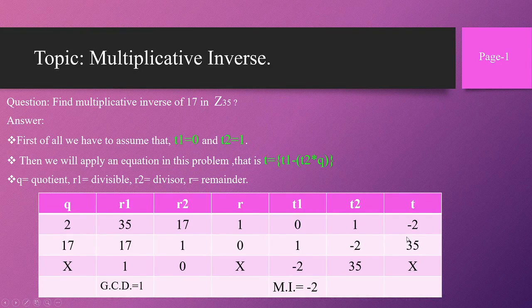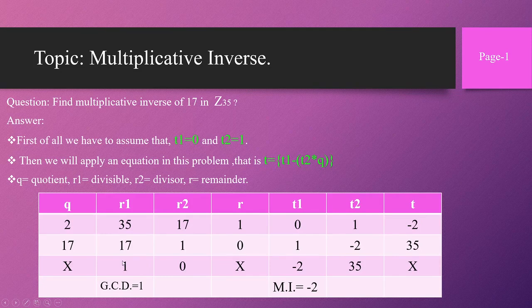In our final row, we can see that we will shift r2 to r1 and r will be shifted to r2. In this line, t2 will be shifted to t1, t will be shifted to t2.